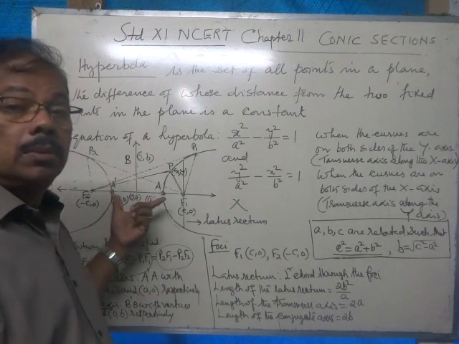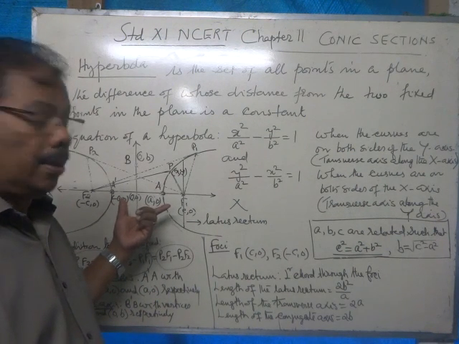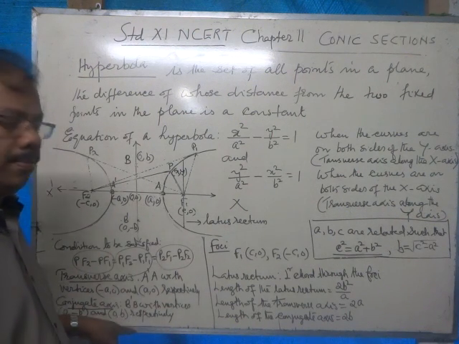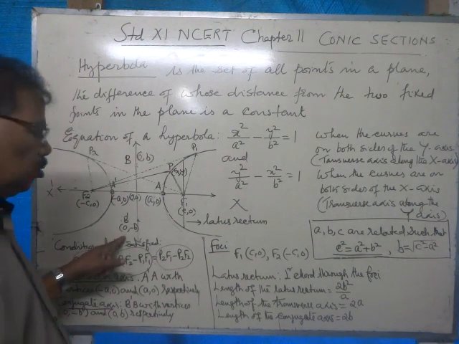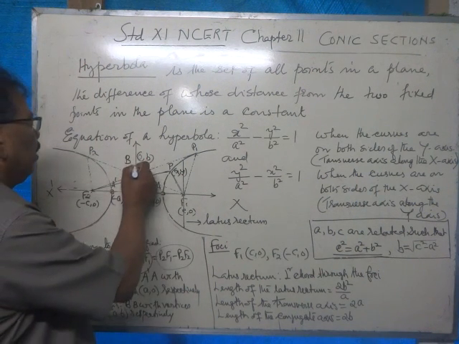We have the transverse axis and the conjugate axis. The point B' is (0, -b) and B is (0, b).